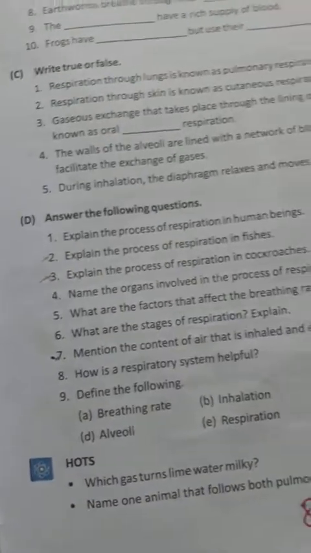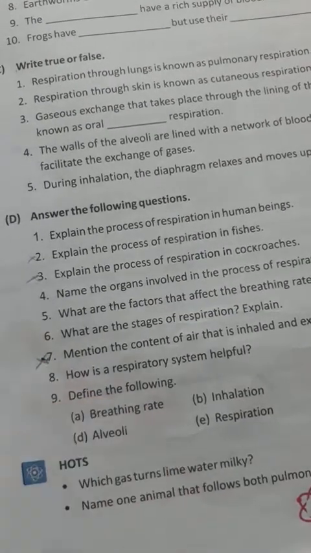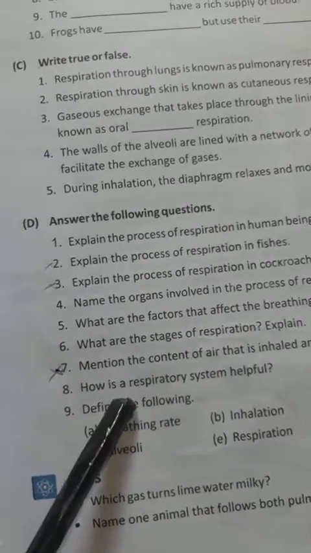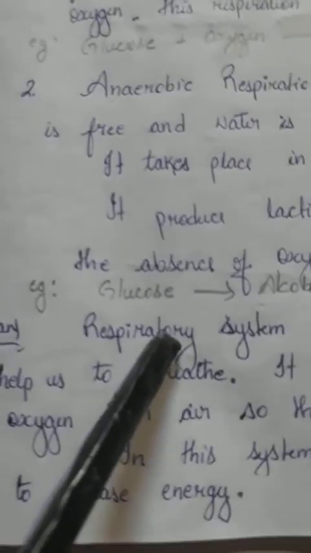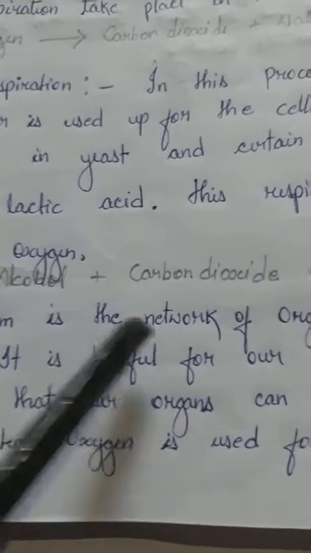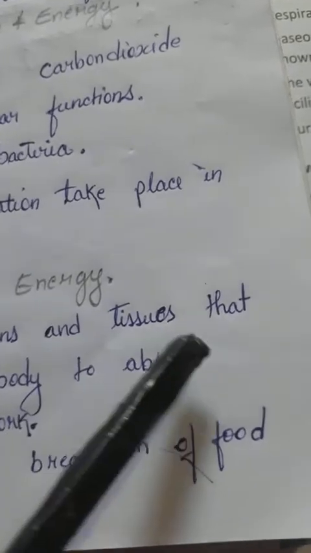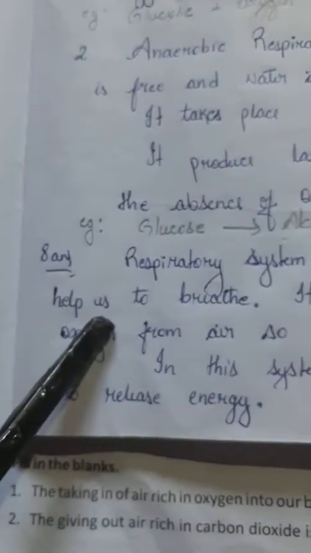Now question number 8. You don't need to write number 7, okay? Number 8. How is a respiratory system helpful? The answer, respiratory system is the network of organs and tissues that help us to breathe.